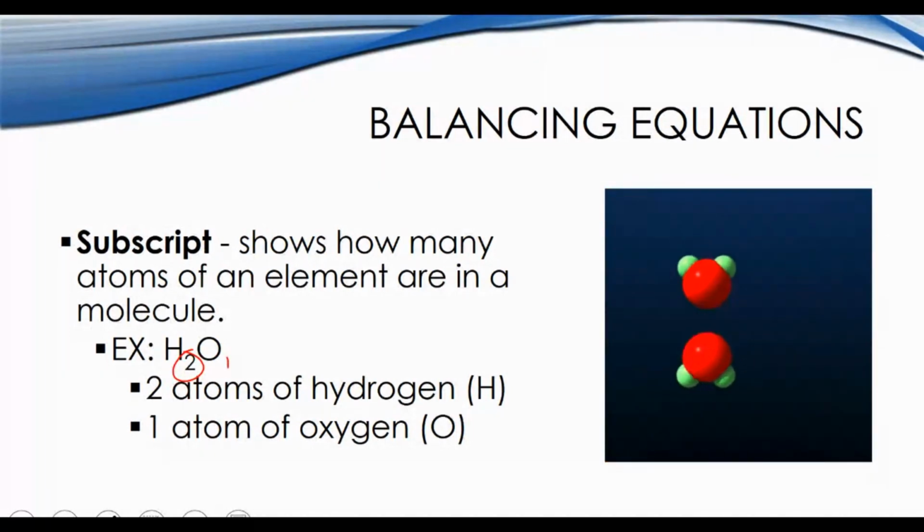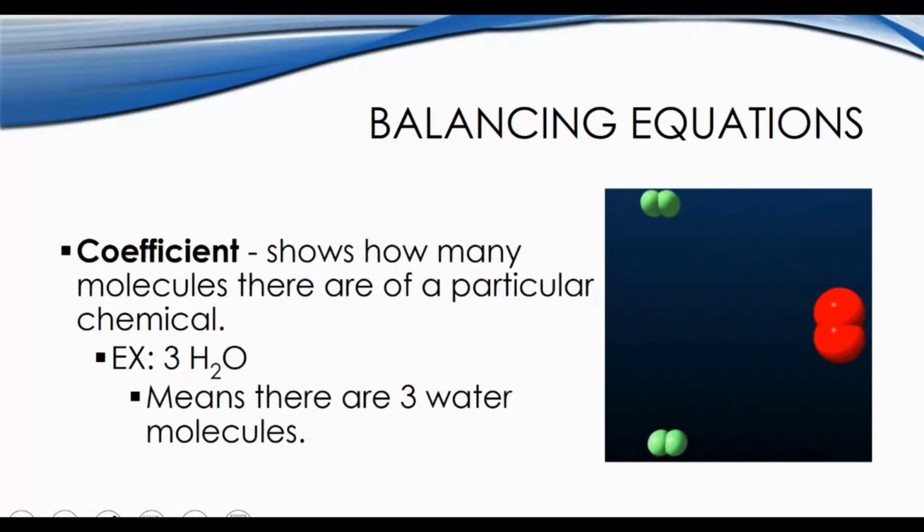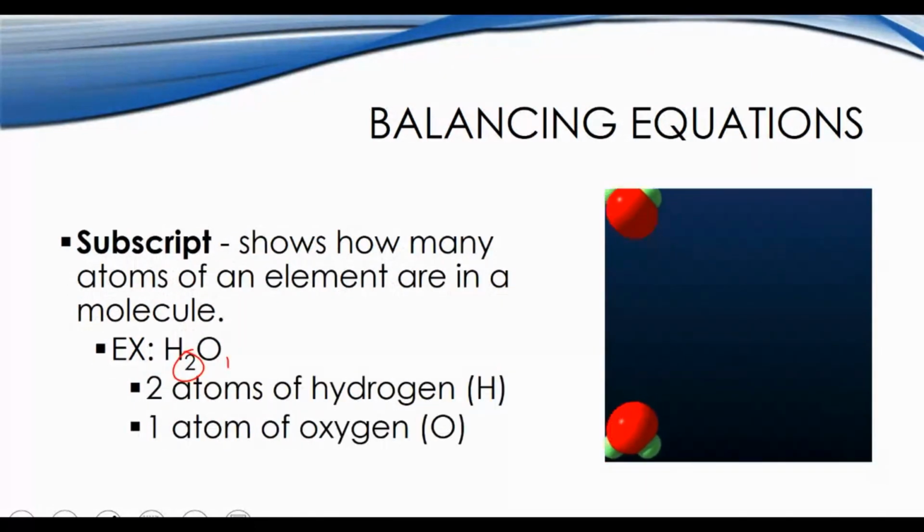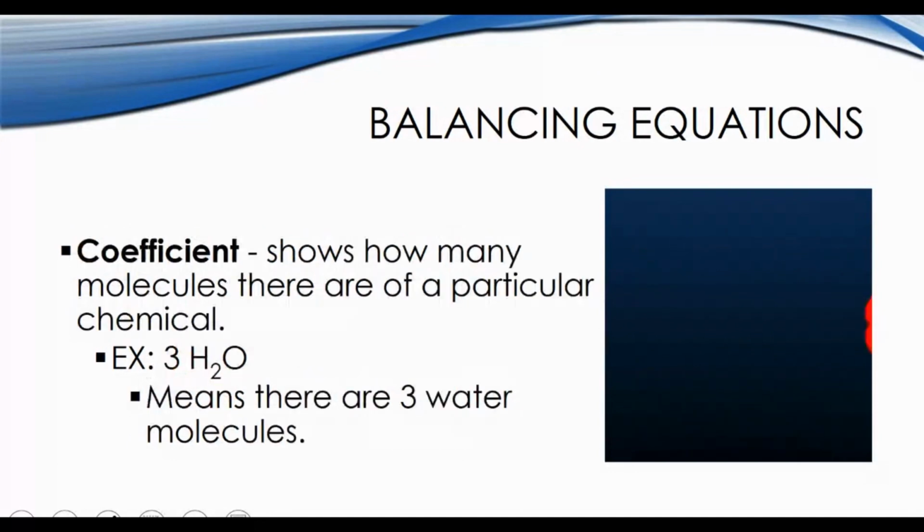Now, the other set of numbers that is going to give us information is going to be the coefficient, okay? Now, notice they're not, first, the same size, and second, they're not giving you the same information. The coefficient is going to tell us how many molecules there are of a particular chemical. So it doesn't really give us information as to what the setup of the molecule is.